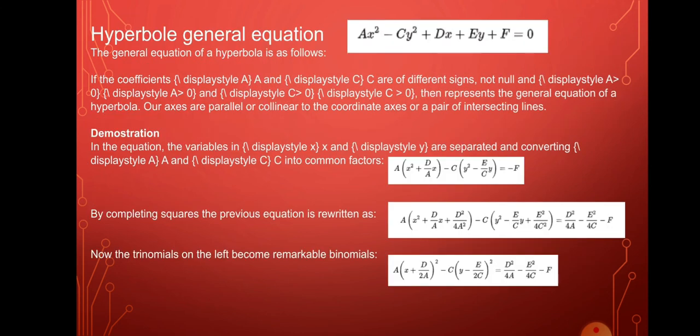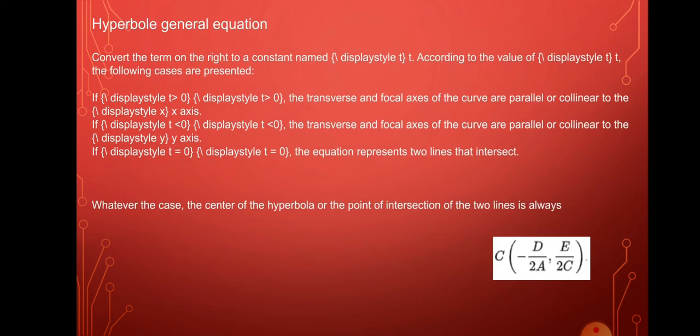Now the trinomials on the left become remarkable binomials. Hyperbola general equation. Convert the term on the right to a constant named t, according to the value of t.